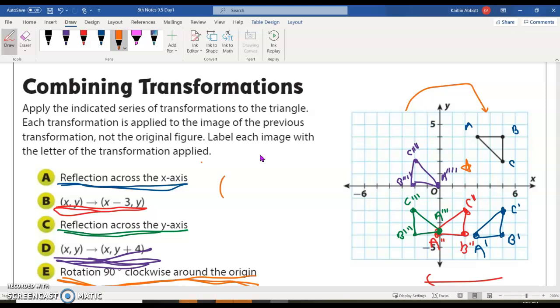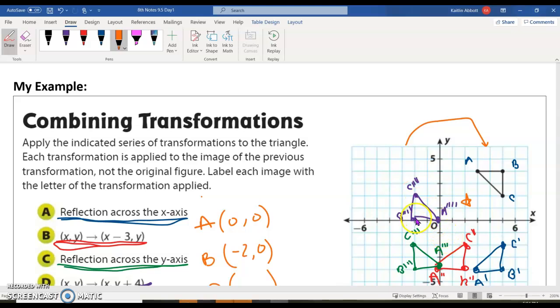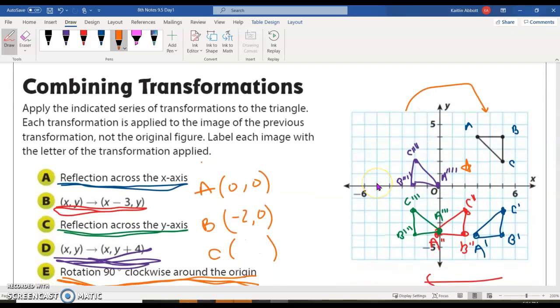So we got A, B, C. So the point of A is 0, 0. Point of B is -2, 0. And the point of C is -2, +2. -2, +2.